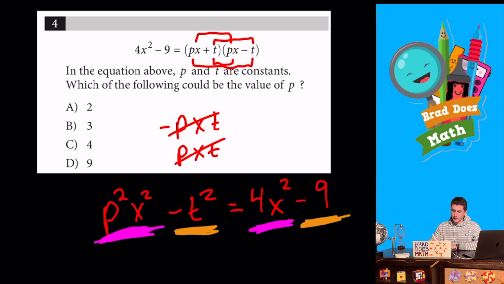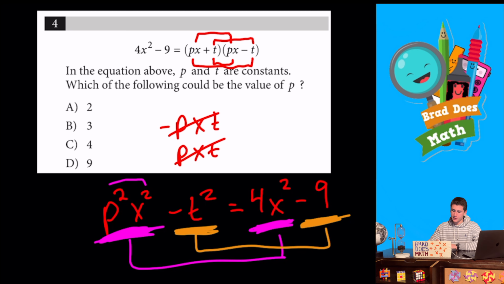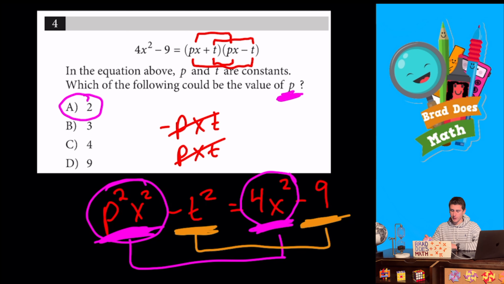And what this does for me is it shows that these pink guys are going to be equal and these orange guys are going to be equal. So in our case, we need the p squared x squared to equal the 4x squared. That's what the question asks us for, p. So I know p is just 2, since p squared is going to equal 4. When you pair your variables, you can kind of ignore them afterwards. So I can ignore the x squareds here, and I just know p squared equals 4.